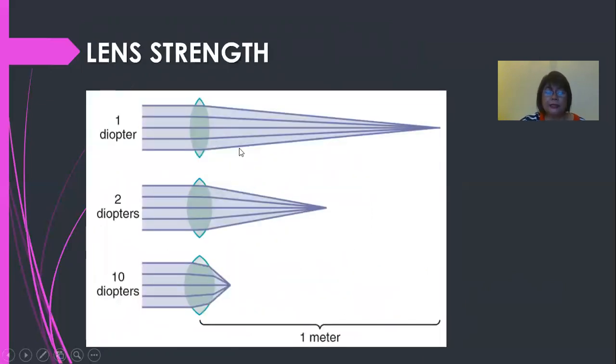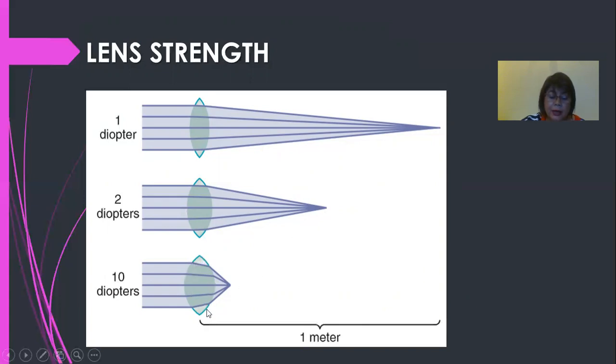So let's now go to the strength of the lens. If you have an object from far distance, if this is the flattened lens, it converges at 1 meter. You thicken the lens to a certain point, it converges at 0.5 meter.